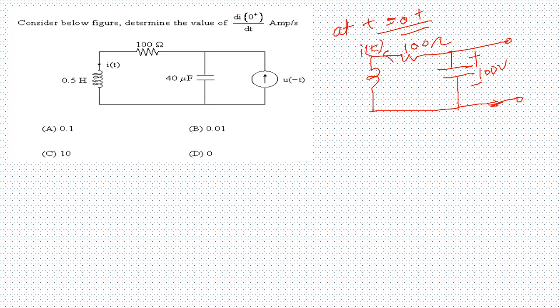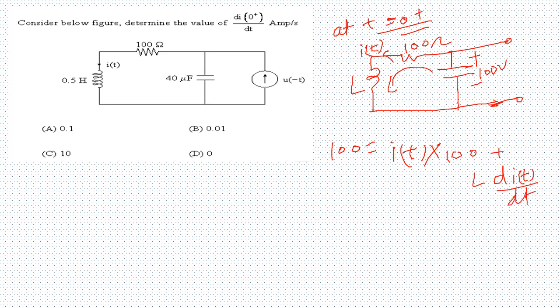Now I can apply KVL in this loop. What I get is 100 equals i of t into 100 plus L di of t over dt.